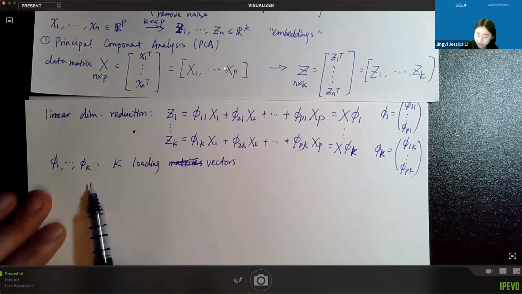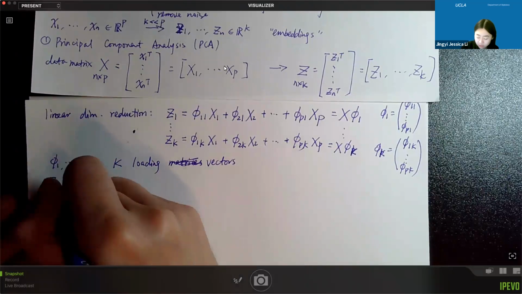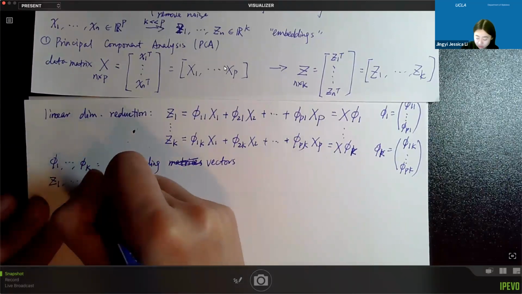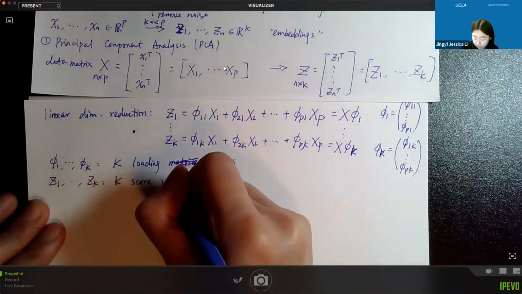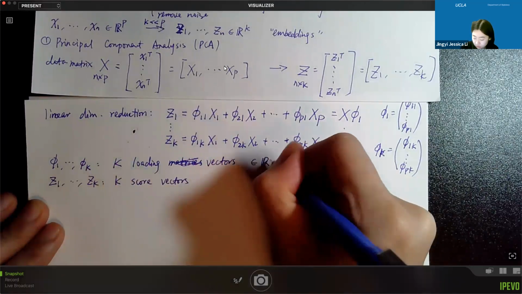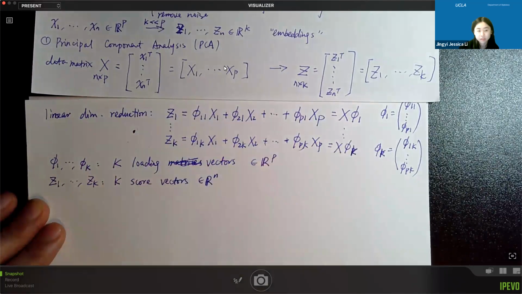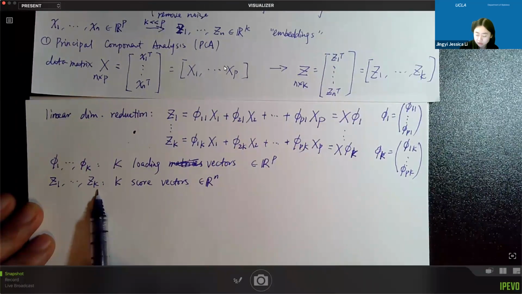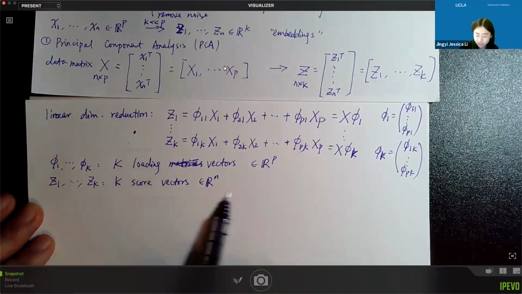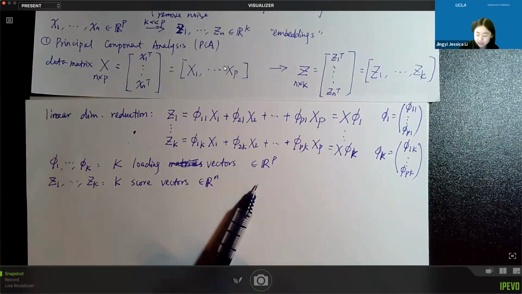I also have a name for z1 to zk: they are called the k score vectors. Please note the loading vectors are p-dimensional and the score vectors are n-dimensional. By score vectors, I mean z1 contains the scores of the n observations in the new dimension 1, and zk contains the scores of the n observations in the new dimension k. So I have the score vectors and the loading vectors. That's what we want to have as a result of dimension reduction.